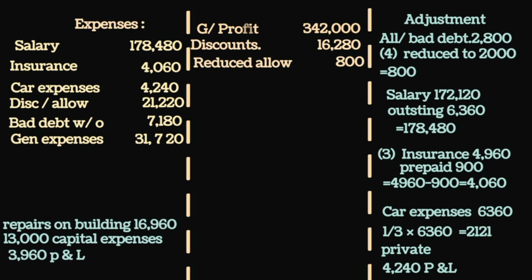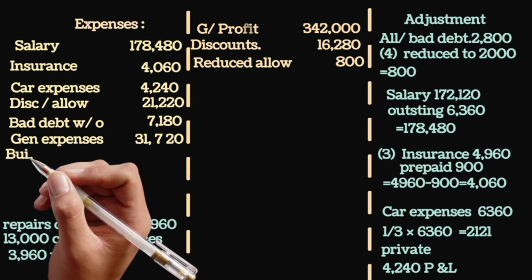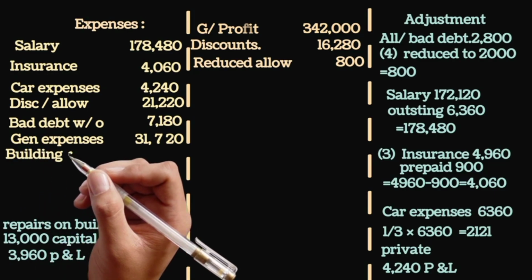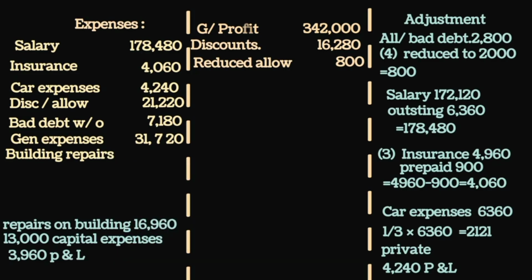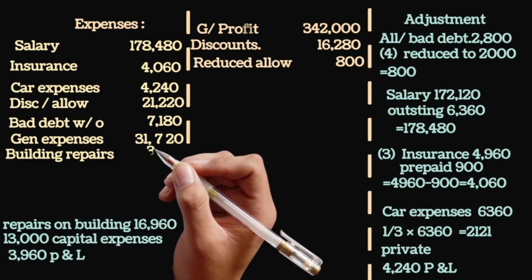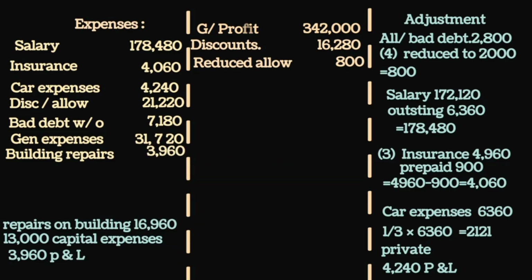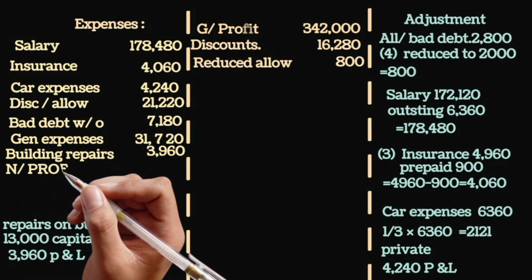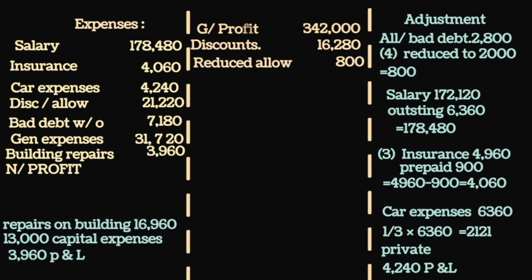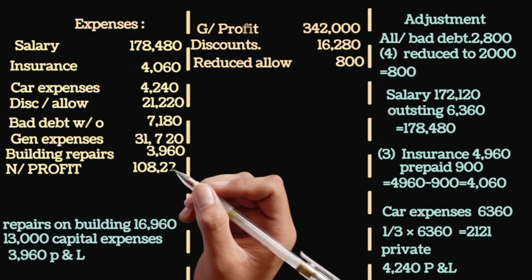So we have to capitalize 13,000. We remove 13,000 from 16,960, and the balance becomes 3,960. This 3,960 becomes the value of repair on building that will be taken to the profit and loss account. So building repairs now will become 3,960, while 13,000 will be added to the value of the building in the balance sheet, as it is capitalized, or a capital expenditure.